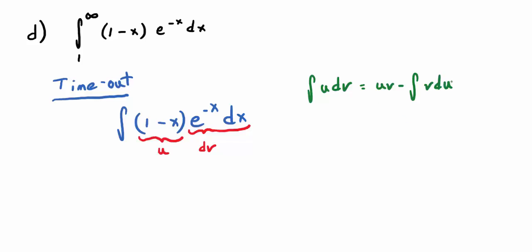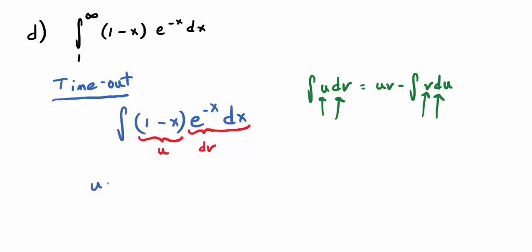The left-hand side tells you that you need to name your u and name your dv, which we did. And then the right-hand side tells you what you need: the u and the v and the du, some of which you have, some of which you don't. In fact, you don't have the v yet, and you don't have the du yet, so you have to find those.